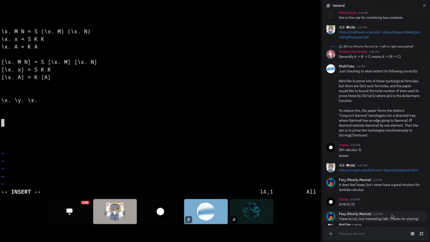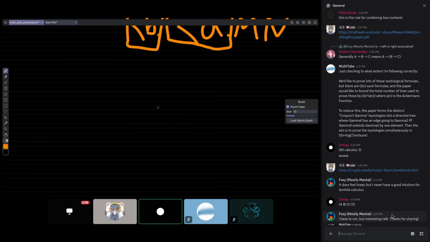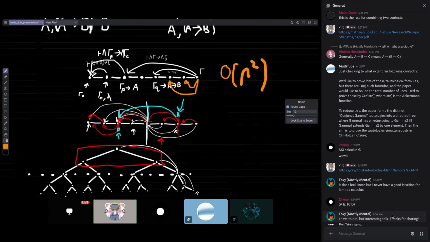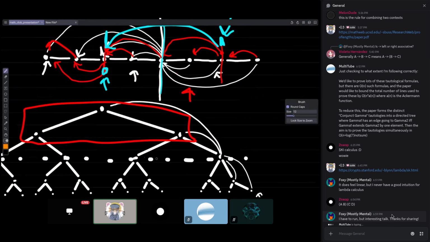Because in lambda calculus, there's less structure. You just have to be able to jump up however many binders. You don't care about the types. Oh, right. So in this tree, if you're in this subtree over here, this edge and this edge are different, right? Because they have different types at each of these nodes.